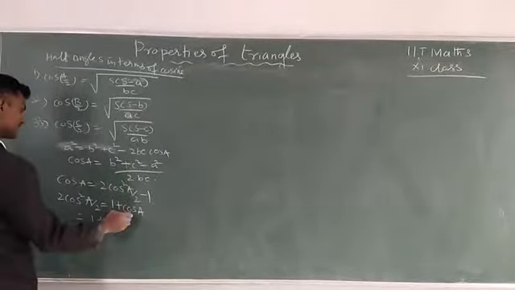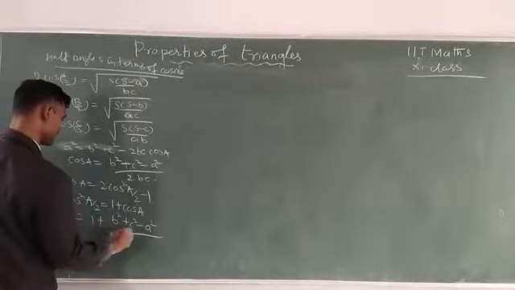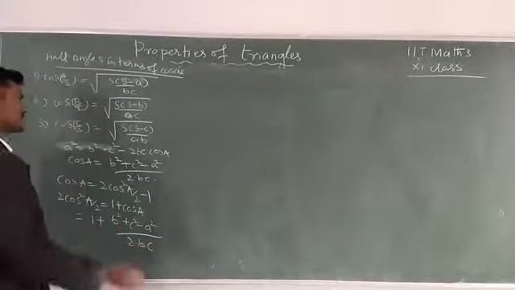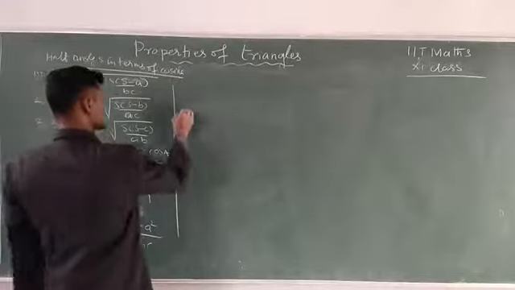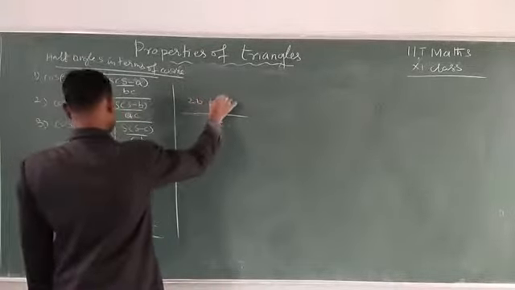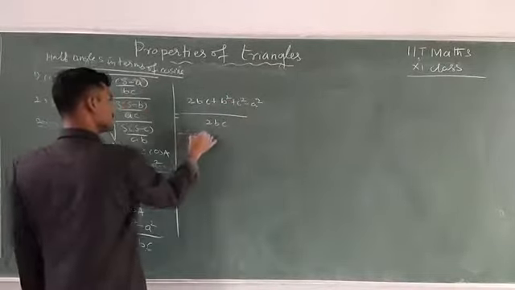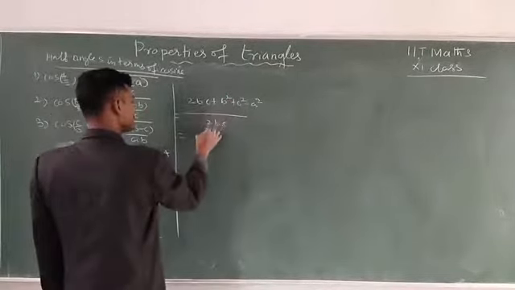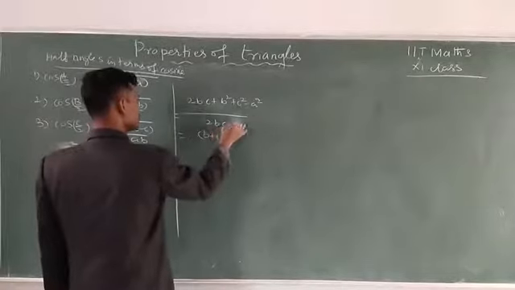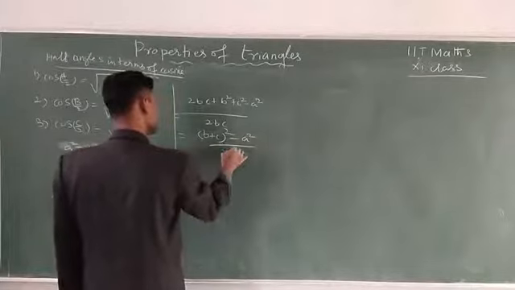Now 1 plus cos A, instead of cos A write (b square plus c square minus a square) by 2bc. Take the LCM, LCM is 2bc, and 2bc plus b square plus c square minus a square. Now this is rewritten as (b plus c) whole square, b square plus c square plus 2bc, minus a square by 2bc.